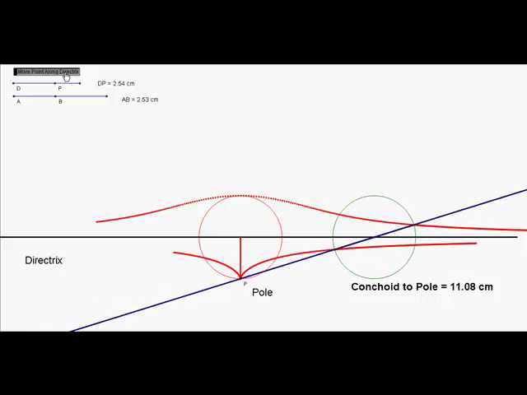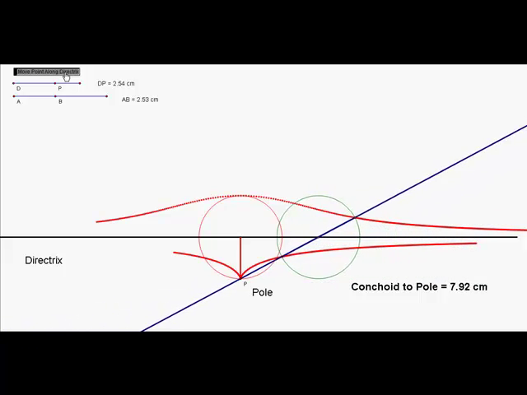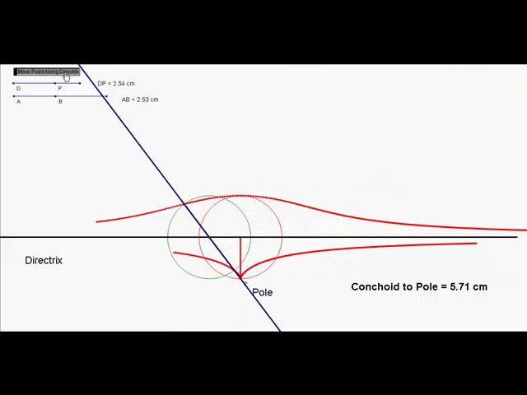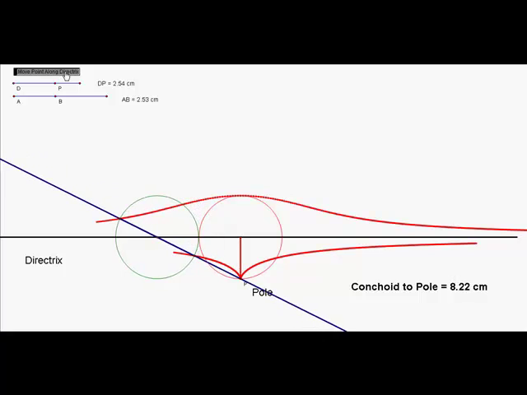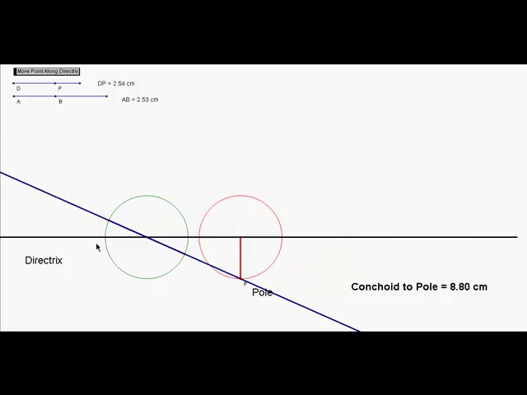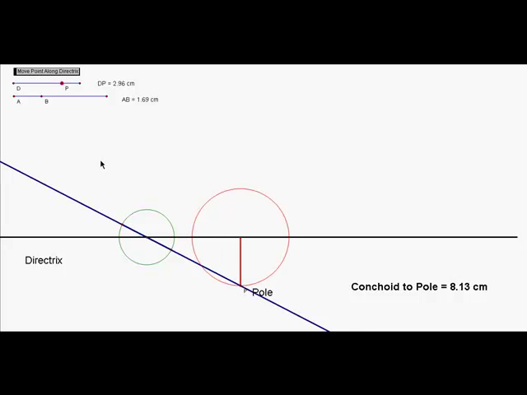We've got one more possibility. What happens if the distance from the pole to the directrix is greater than the radius of the green circle? Now our third possibility. Let's make the green circle smaller than the red circle and see what happens to the curve.